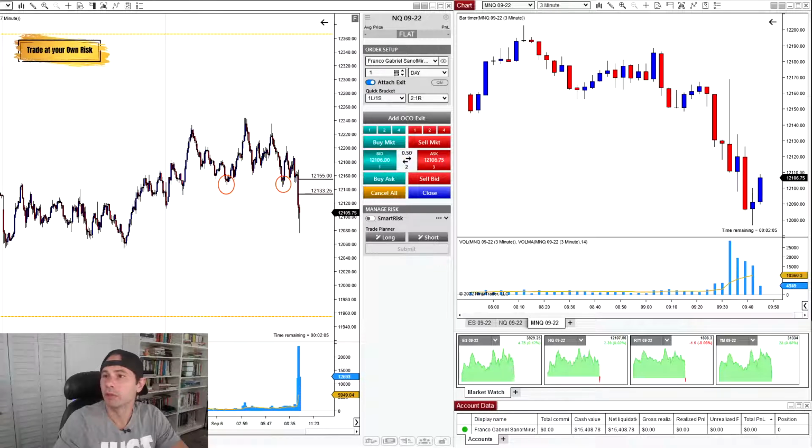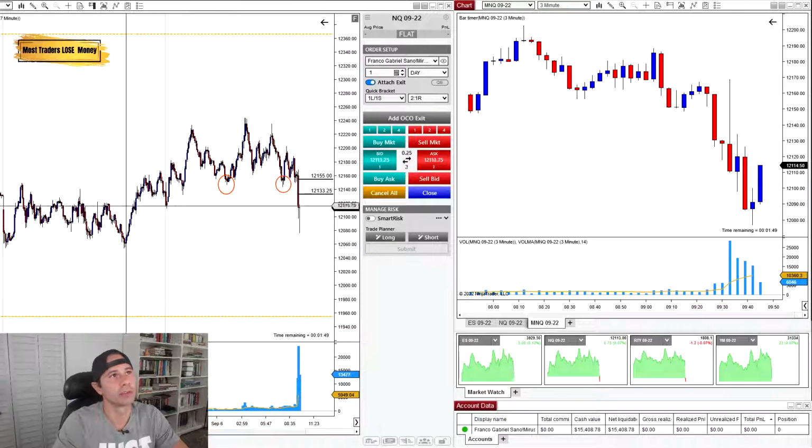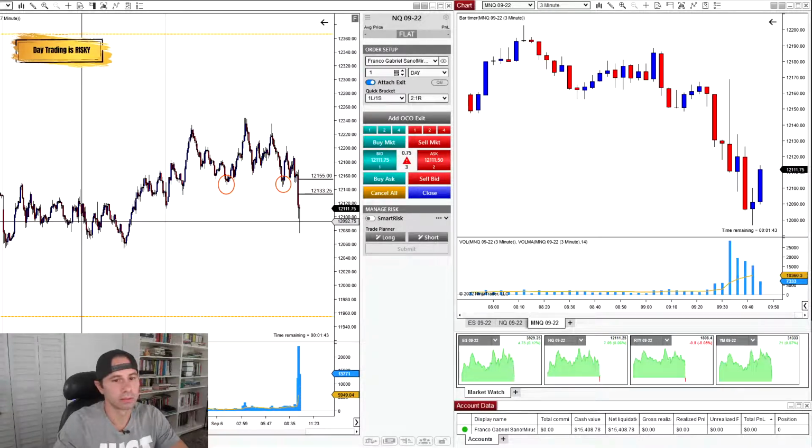My expectation is the dollar will come down, not much, and then when it hits some sort of demand, then that's our short. Now we haven't violated this consolidation area from yesterday. I don't think it's a very good area. I think it's a very low volume area.